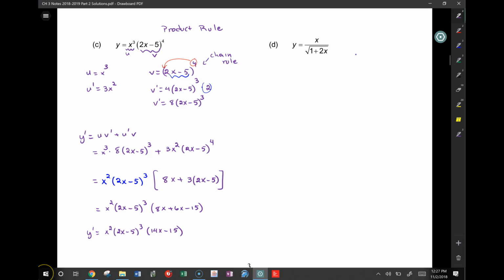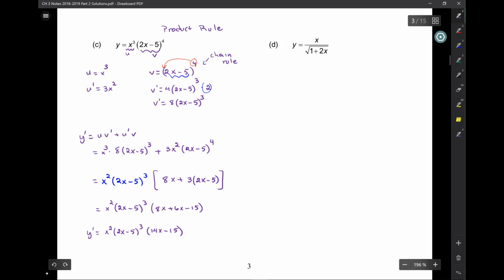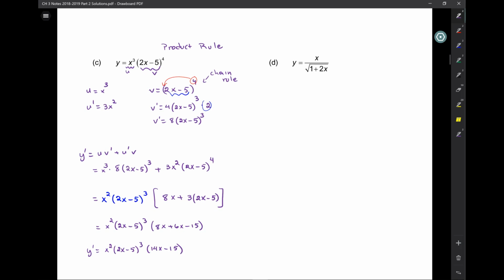Okay? Well, okay. So, at first glance, you look at this and you're like, yeah, quotient rule. Okay. When possible, reduce the number of times you do quotient rule. If there is a way that you could get away with product rule instead of quotient rule, do it. Because what if I wrote this?